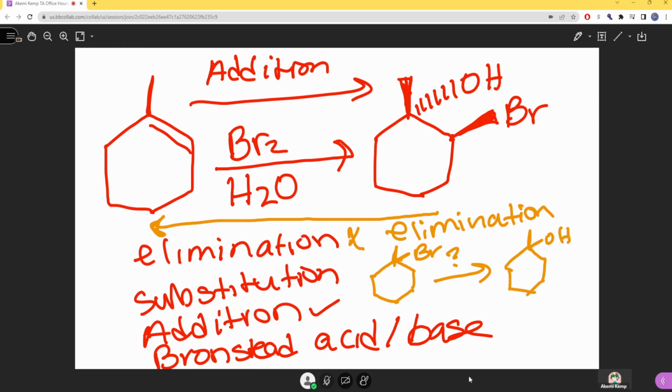This is known as a substitution because you substituted bromine for OH. So it wasn't substitution. And it's definitely not Bronsted acid and base because we're not working with an acid or base and donating protons and electron lone pairs. So the answer choice was addition.